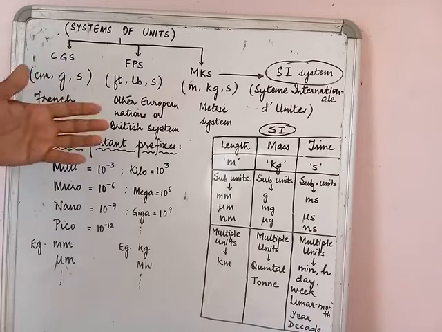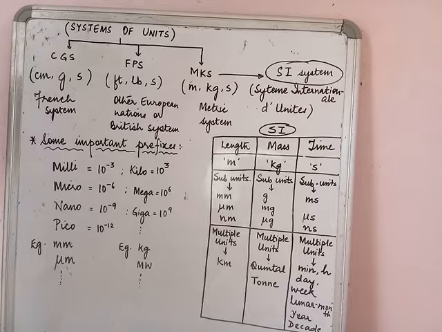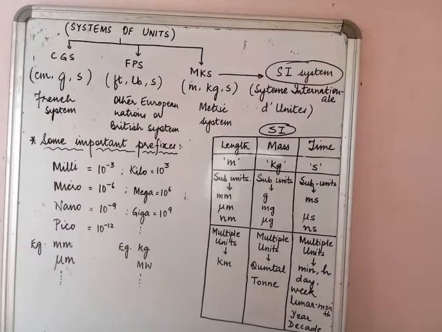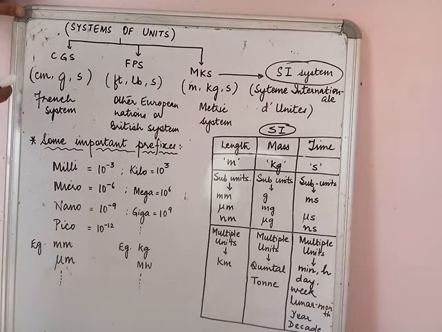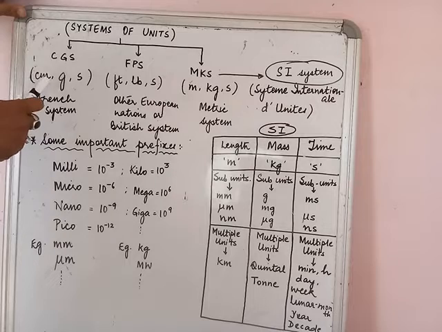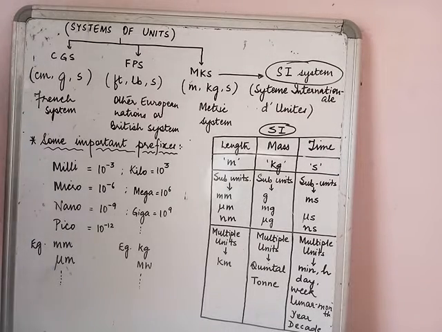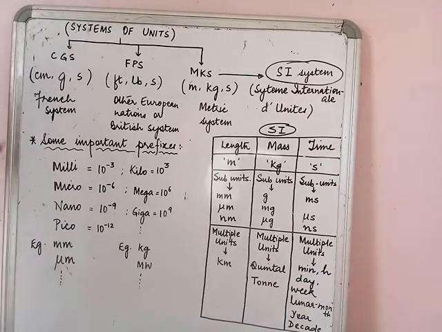If you remember in the previous list that we had discussed, these were the three basic or the fundamental quantities or units that were previously discussed. So in the CGS system, we have centimeters, gram, and second, and the other name for this kind of system was the French system, because France as a country was basically using this on a large scale.